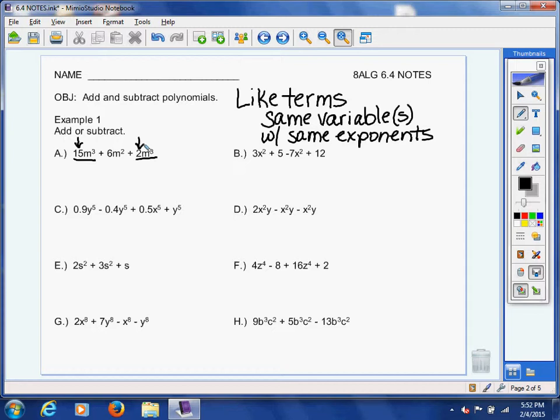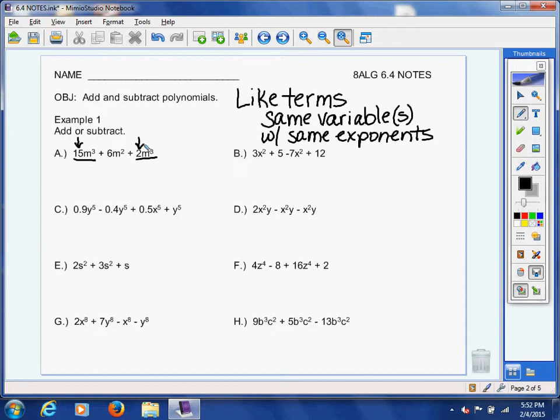So what this problem says, I have 15 apples, and I have 6 oranges, and 2 apples. So how many do I have in all? So this is what I'm trying to get you to understand, is you don't change m to the third. All you do is add or subtract, depending on the sign, the coefficients. That's all you do. So what's 15 plus 2?